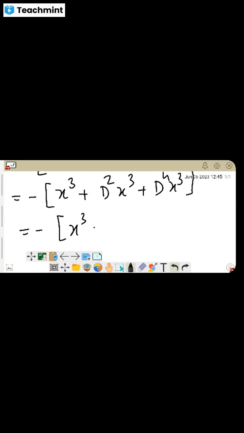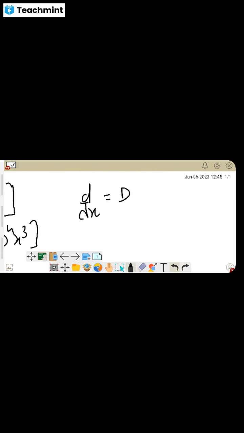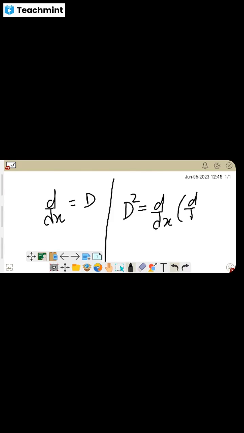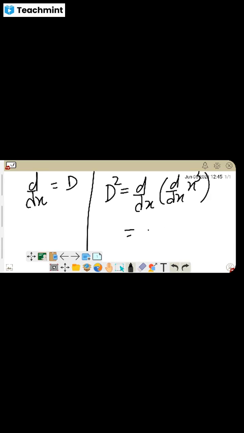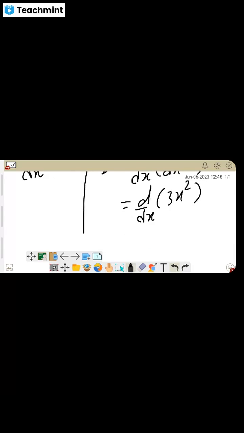This is x cube and this is a second order derivative, meaning we need to differentiate twice. d square means d upon dx of d upon dx, and we are differentiating x cube. First differentiation gives 3x square. Now again differentiate, we'll get 6x.